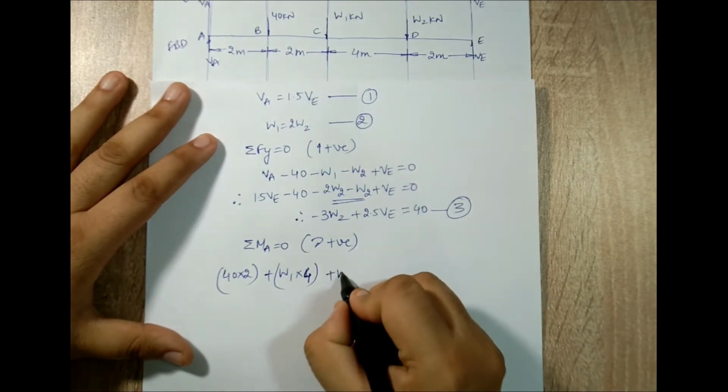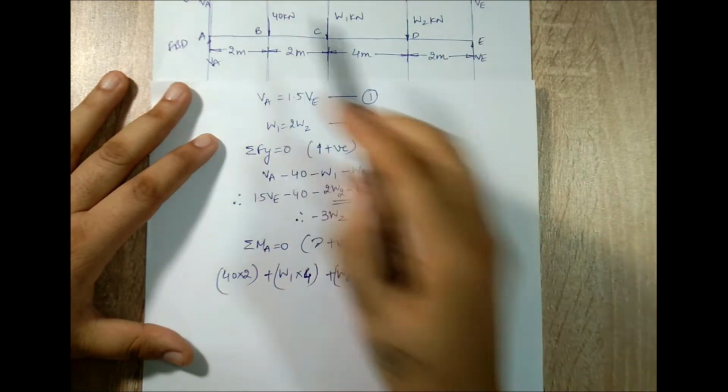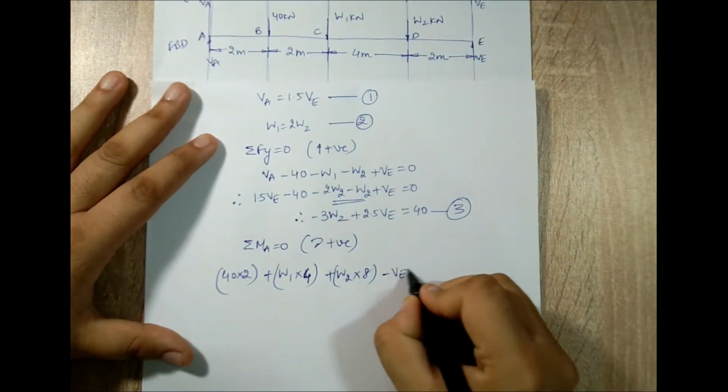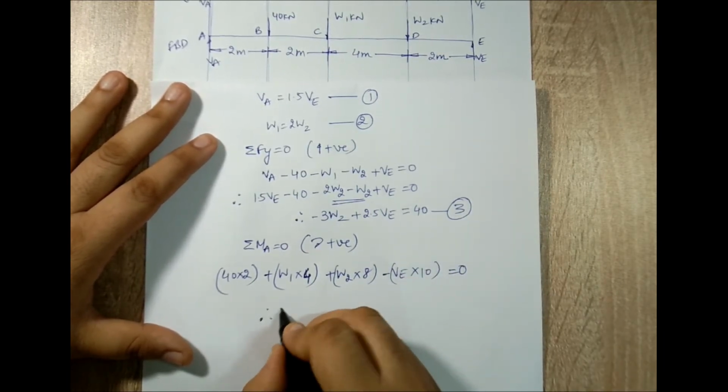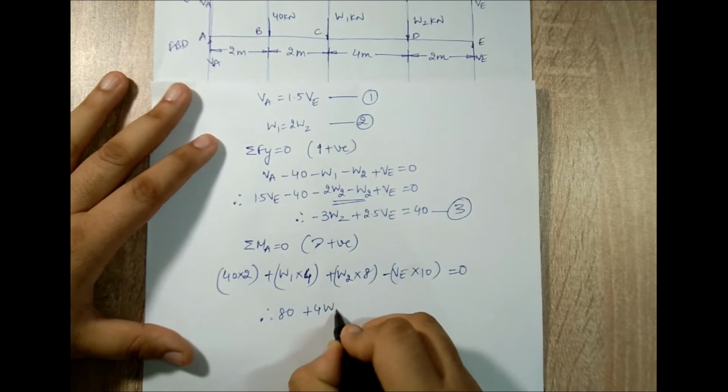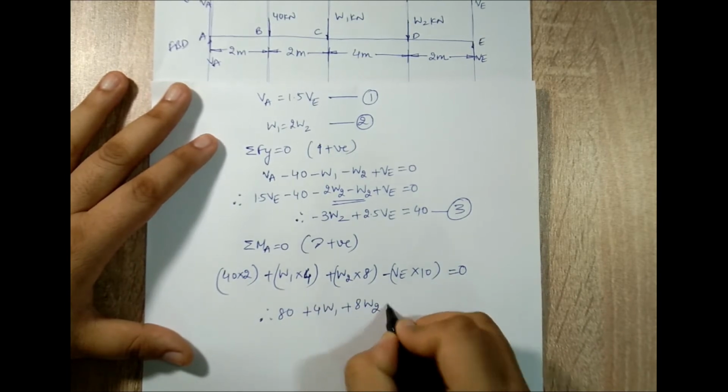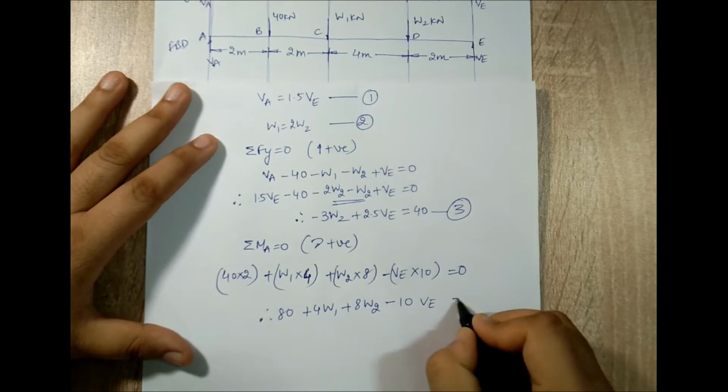And I have W2 also turning clockwise, W2 into 8. And VE is turning anti-clockwise. So minus VE into 10 is equal to 0. So here I'll get 80 plus 4W1 plus 8W2 minus 10VE is equal to 0.